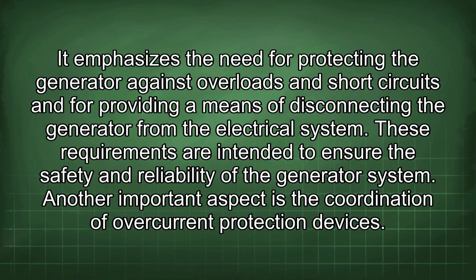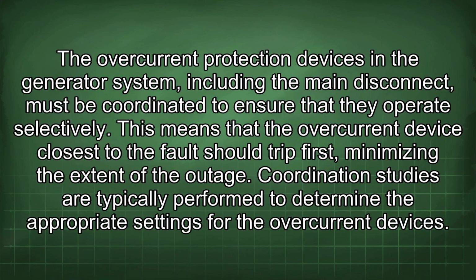Another important aspect is the coordination of overcurrent protection devices. The overcurrent protection devices in a generator system, including the main disconnect, must be coordinated to ensure that they operate selectively. This means that the overcurrent device closest to the fault should trip first, minimizing the extent of the outage. Coordination studies are typically performed to determine the appropriate settings for the overcurrent devices.